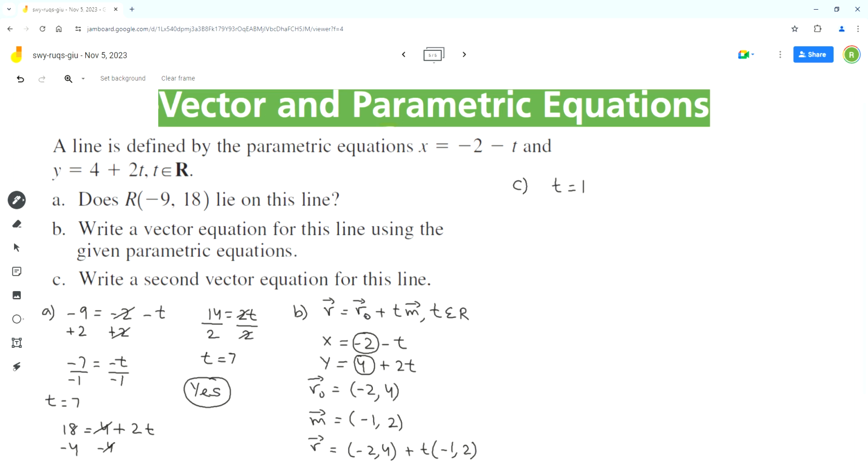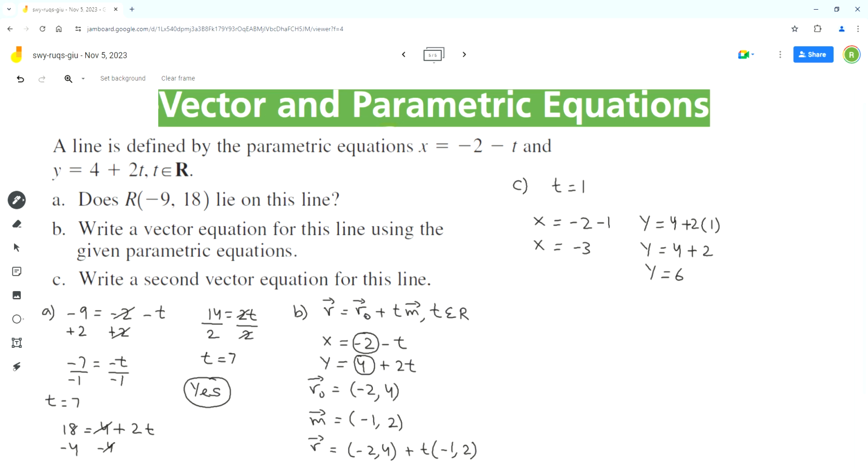So if we sub in t as 1 in the x equation, I get x equals -3. And if I sub in t as 1 in the y equation, I get y equals 6.